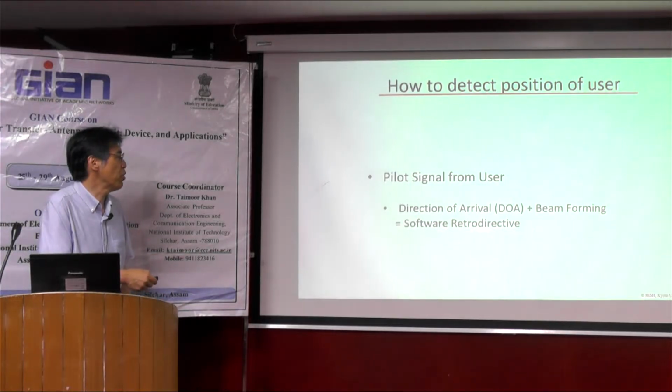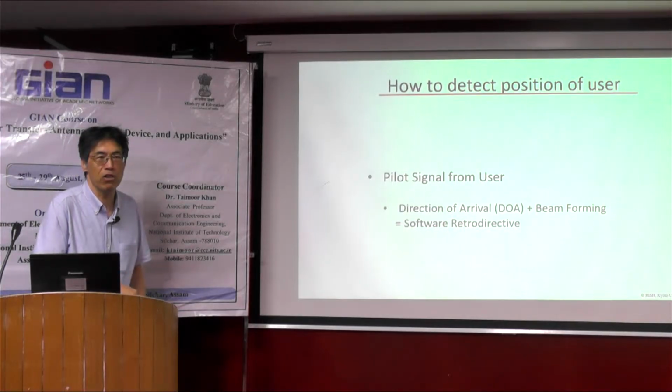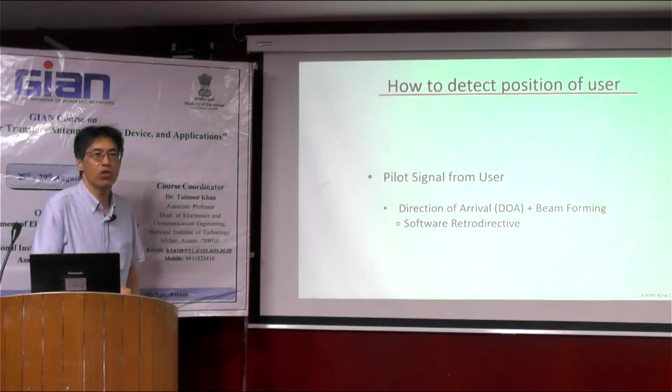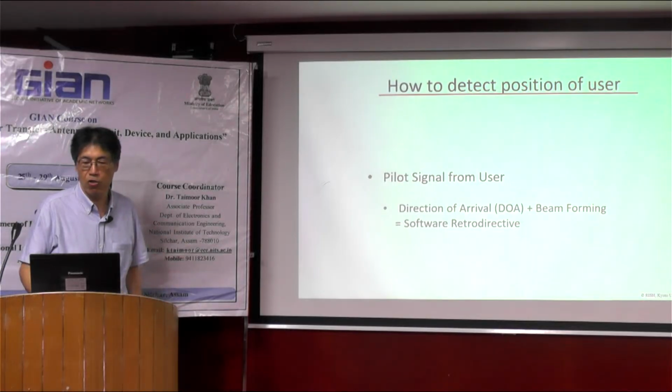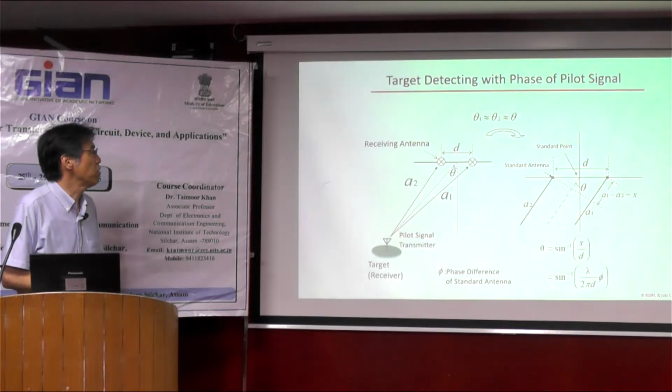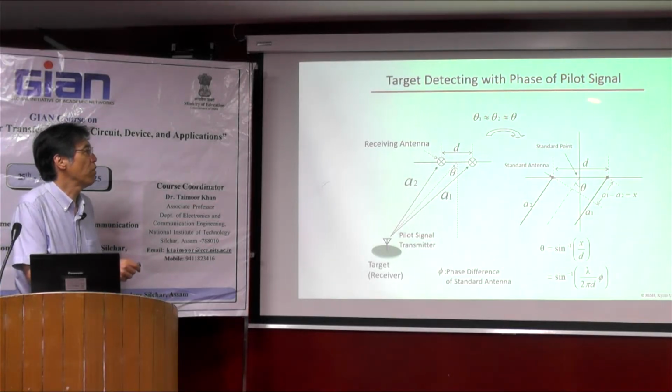Compared to the hardware retrodirective, we at Kyoto University named it a software retrodirective, because in this case we use a pilot signal from the users. This is the very basic theory of DOA, target detecting with a pilot signal.